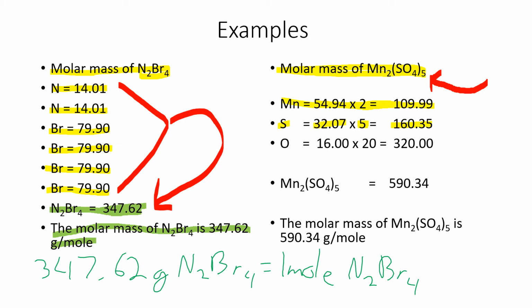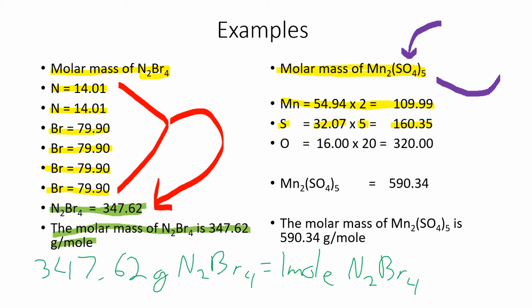We do the same thing for our oxygen. We'd find oxygen on the periodic table. Well, oxygen on the periodic table has an average mass of 16. How many oxygens do we have? Well, if we look at oxygen, there are 4 oxygens per group for SO4. So 4 oxygens per group.